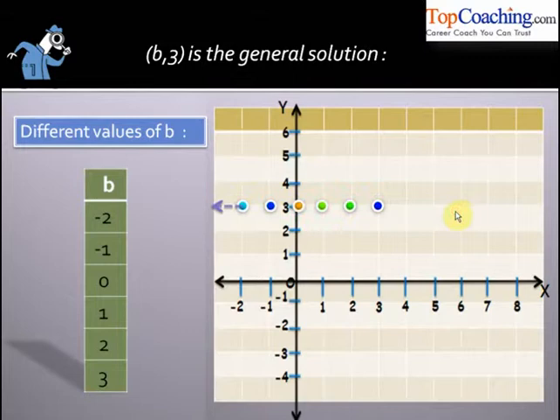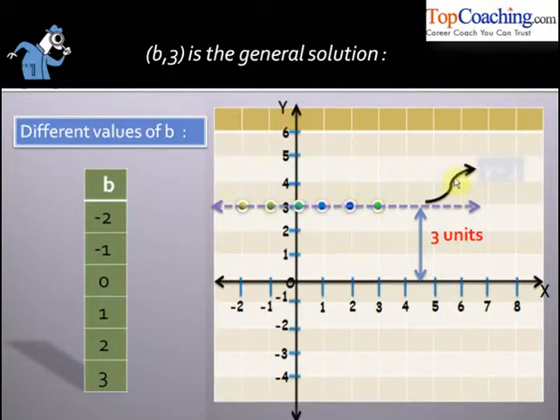Now if we draw a line joining all these points, we see that this line would be at a distance of 3 units from the x-axis. Thus the line joining all these points is parallel to the x-axis and is at a distance of 3 units from it. So what we can say is that this line represents the equation y equal to 3 and is parallel to the x-axis and at a distance of 3 units from it.